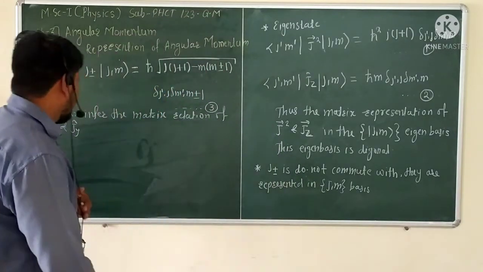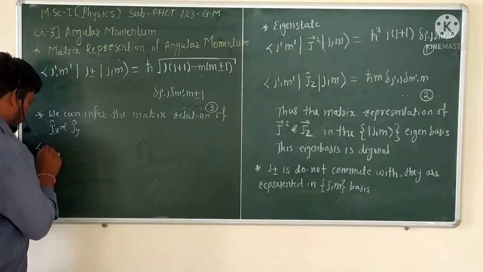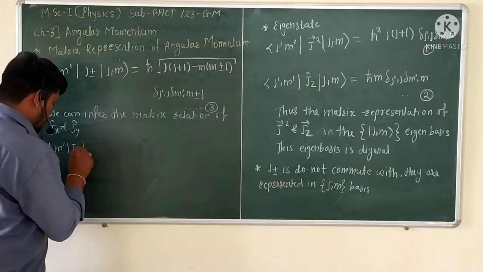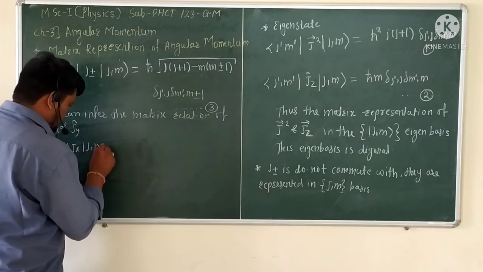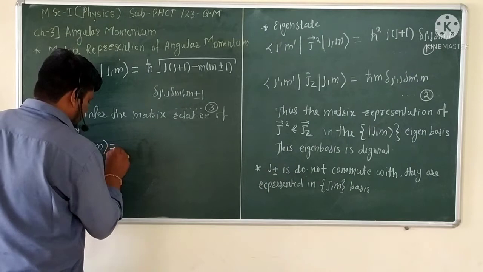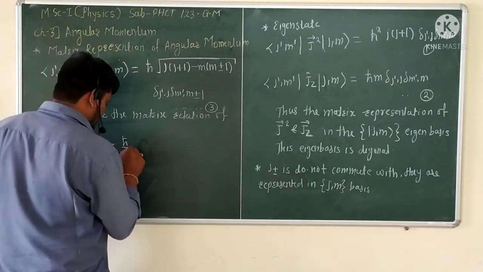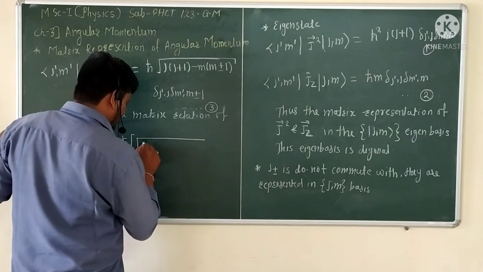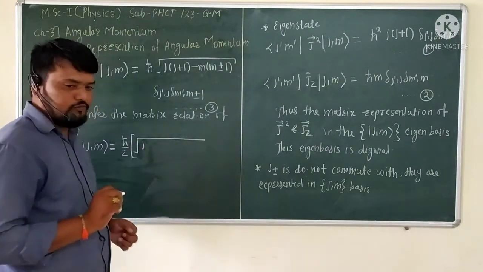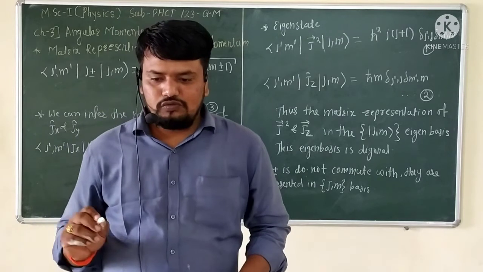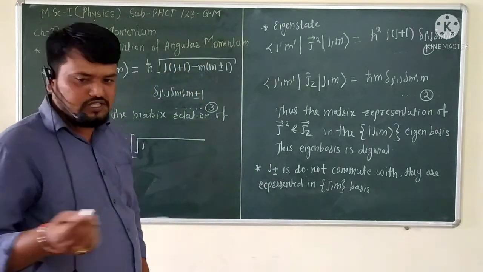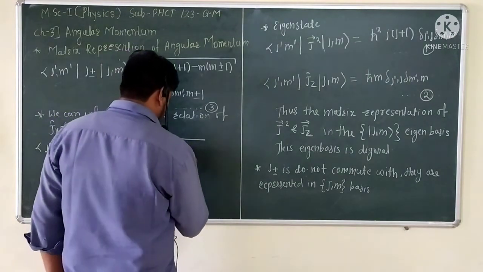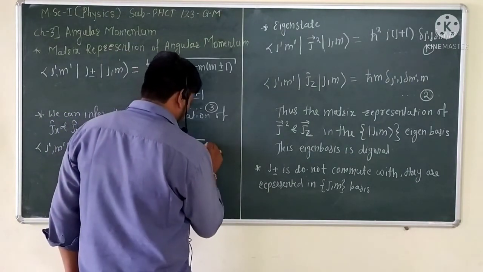The matrix element of j prime m prime, jx, jm is nothing but ħ by 2 in bracket, square root of j into j plus 1 minus m into m plus 1.